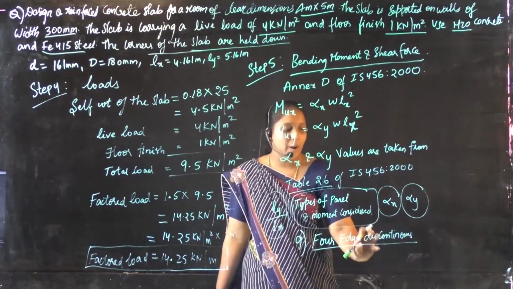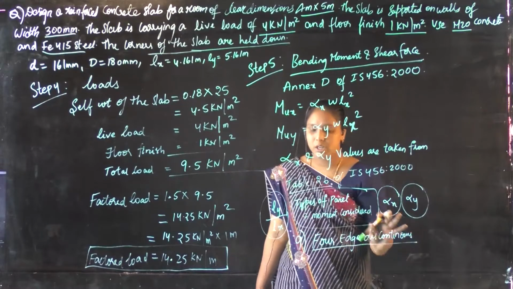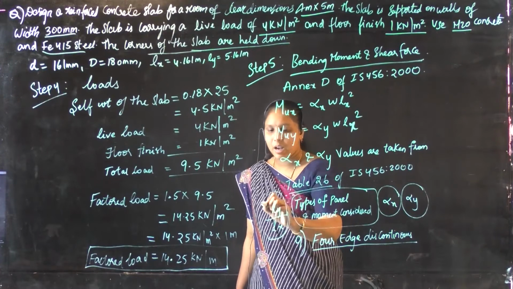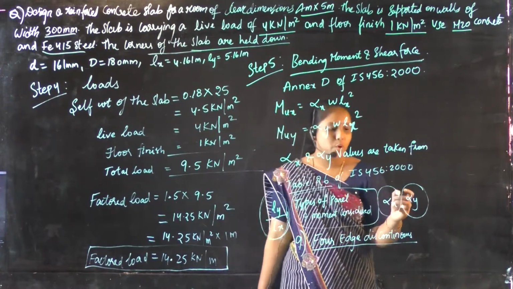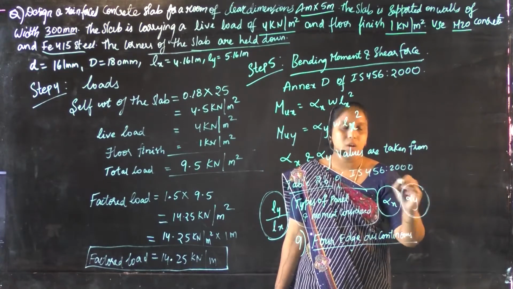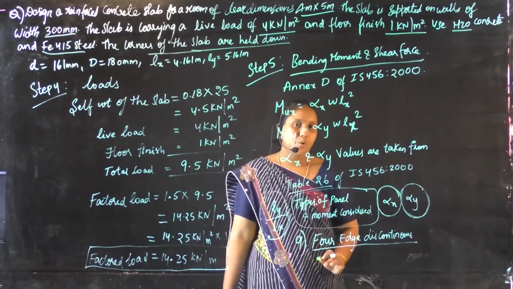So for this condition of four edges discontinuous, for the Ly by Lx ratio, we are going to find the alpha x and alpha y, the bending moment coefficients.